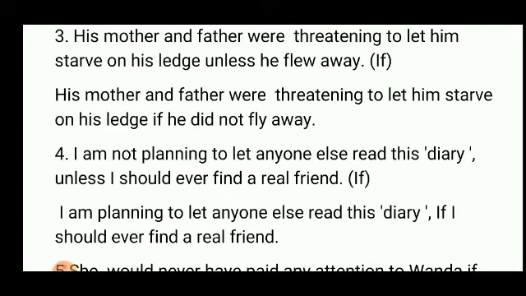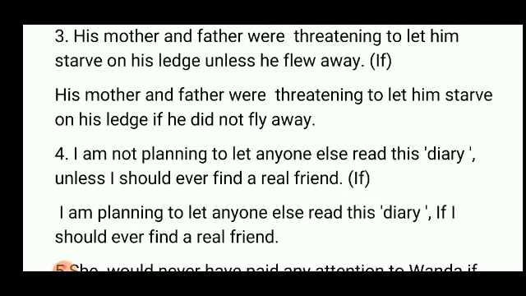So the if sentence: I am planning to let anyone else read this diary if I should ever find a real friend. We need to remove "not" from the first sentence. Whatever sentence is given before unless and after unless will remain as it is.